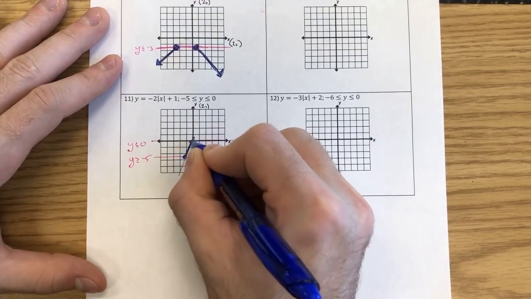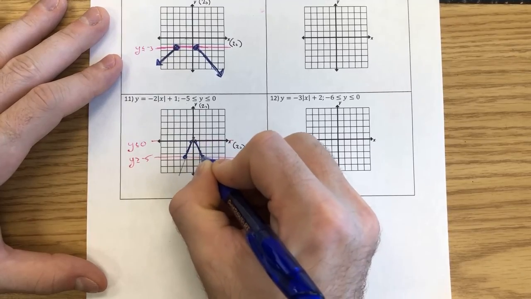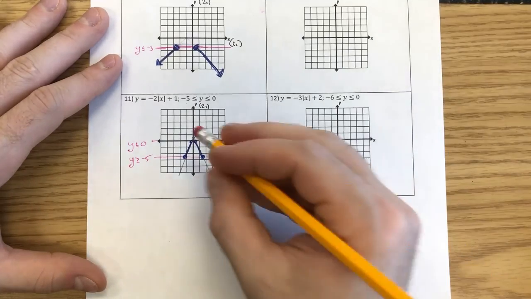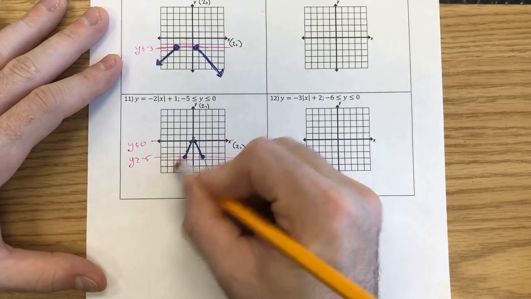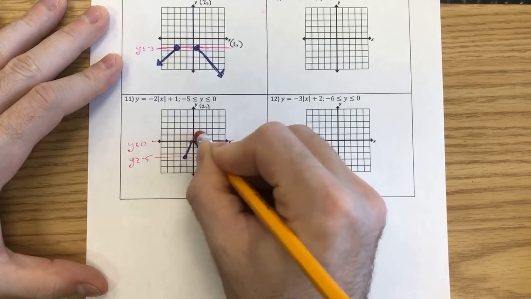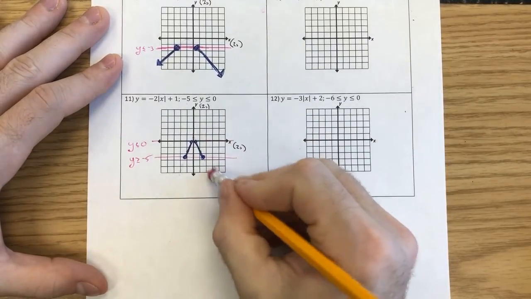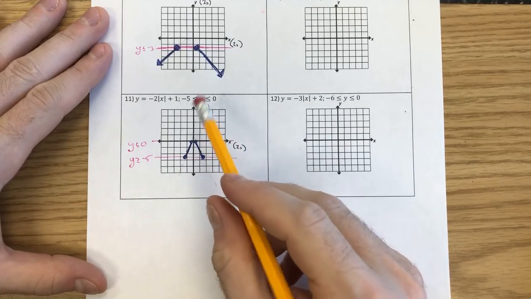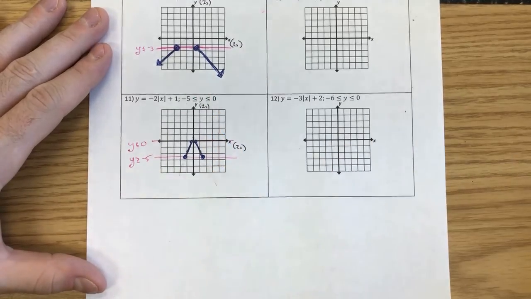I have what looks like 2 line segments that are on a collision course. Get rid of the unnecessary parts of my graph. I don't need the vertex, I don't need those legs. And there we go. That's how we graph an absolute value with a floor and with a ceiling.